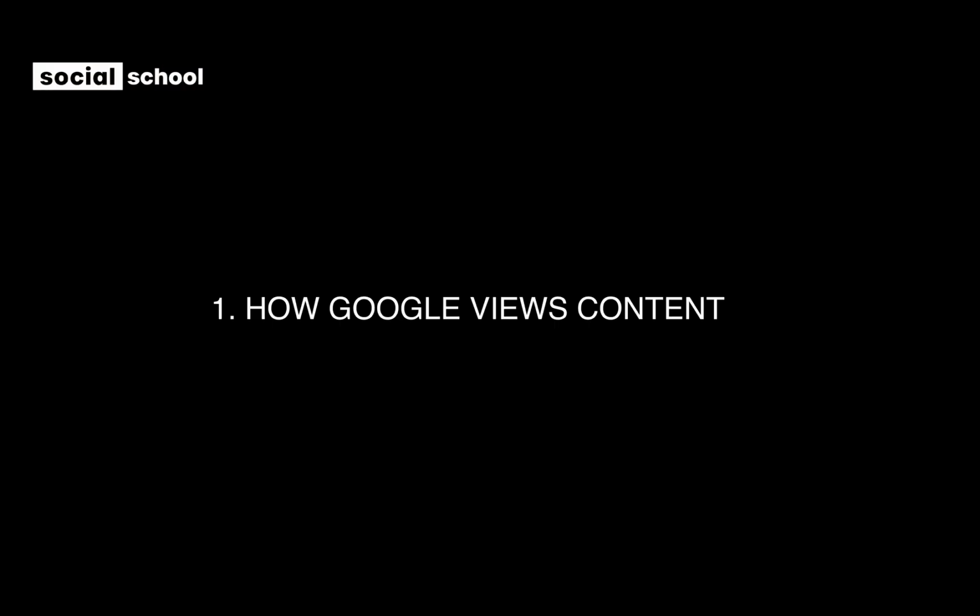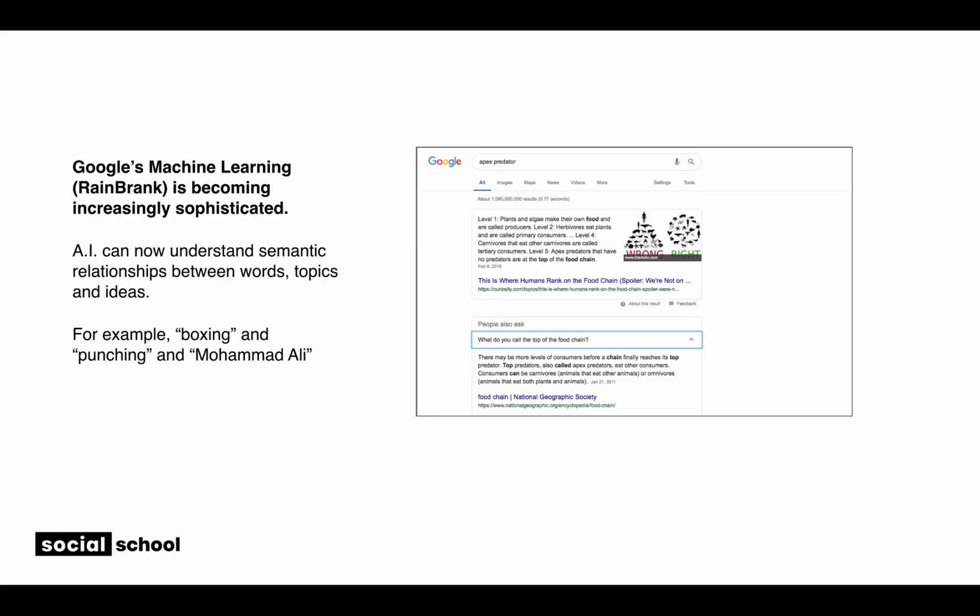All right. How does Google view content? This is something that's really changed a lot over the years. Google's machine learning, which we chatted about before, called RankBrain, is becoming increasingly sophisticated.